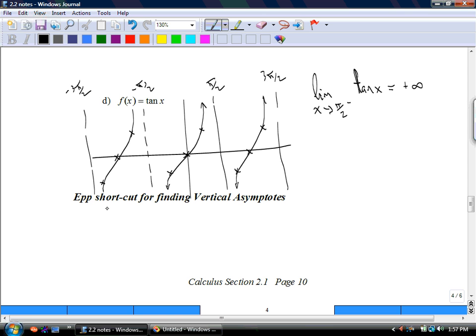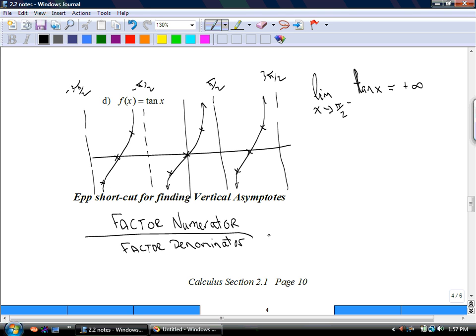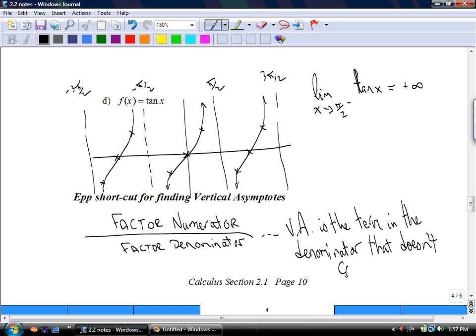All you need to do is factor the numerator, factor the denominator, and the vertical asymptote is the term in the denominator that doesn't cancel.